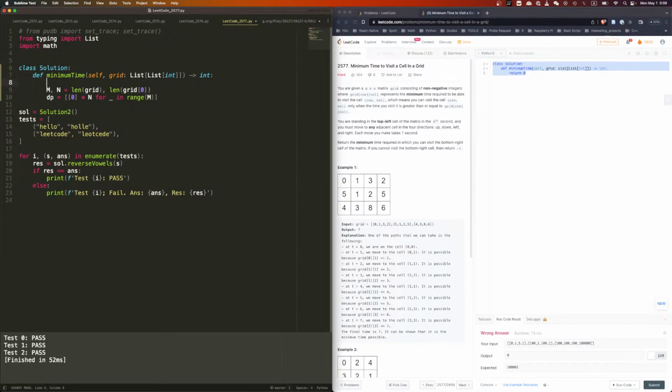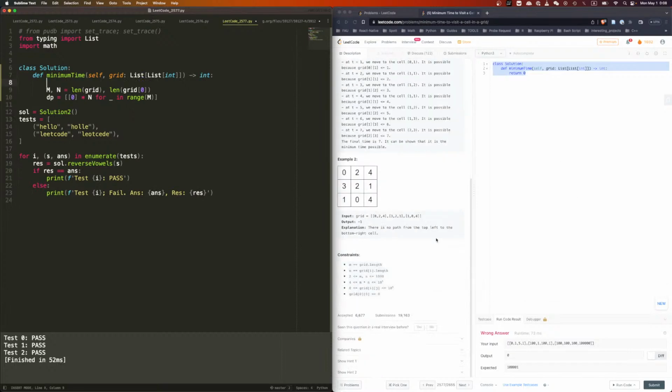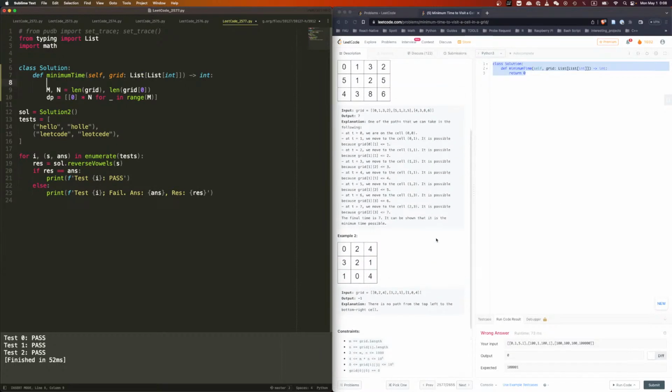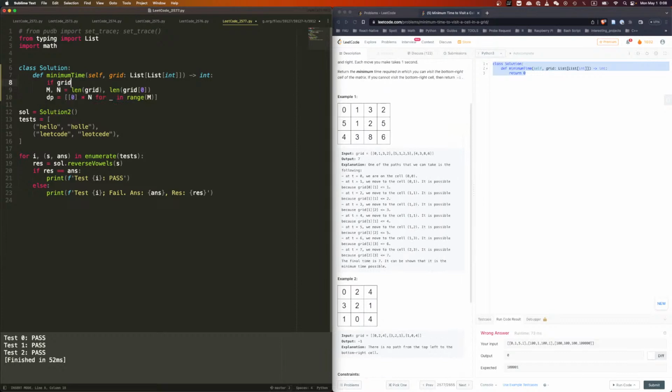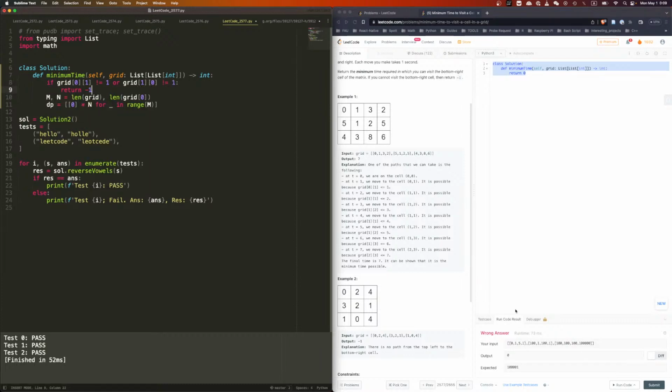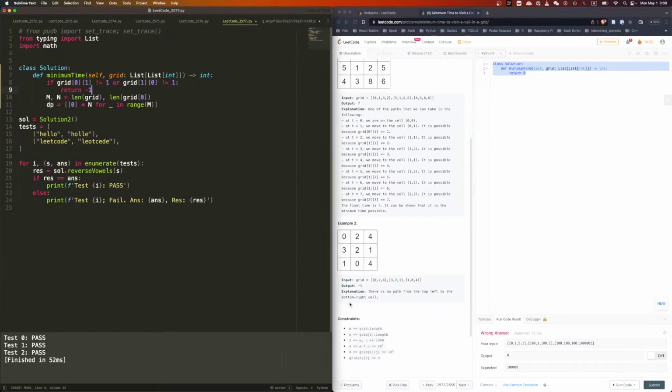We shall first check if grid 0 1 is not equal to 1, or grid 1 0 is not equal to 1, then I shall return -1. So if these two are not 1, then yeah, there's no path. So we get rid of that first.